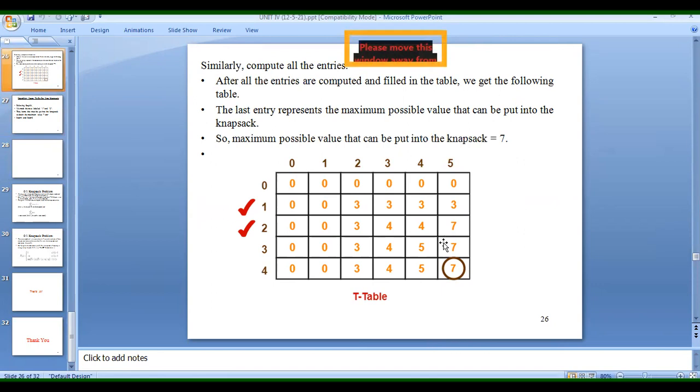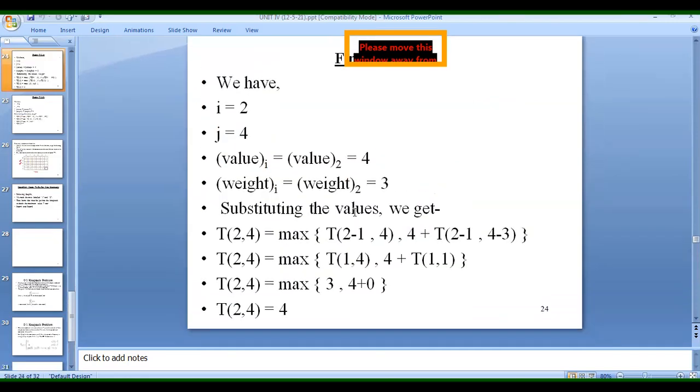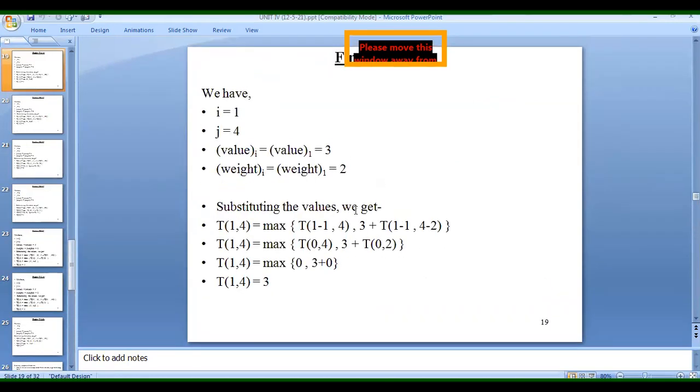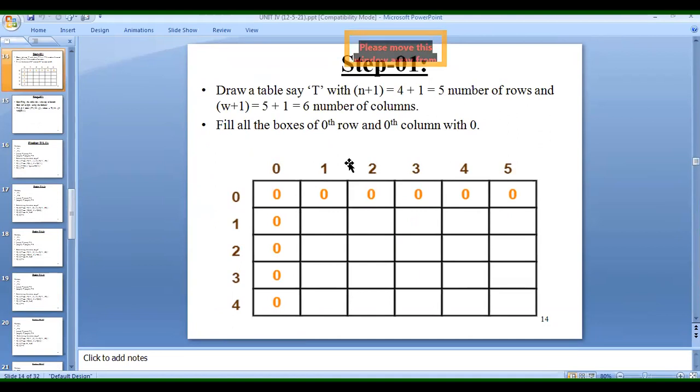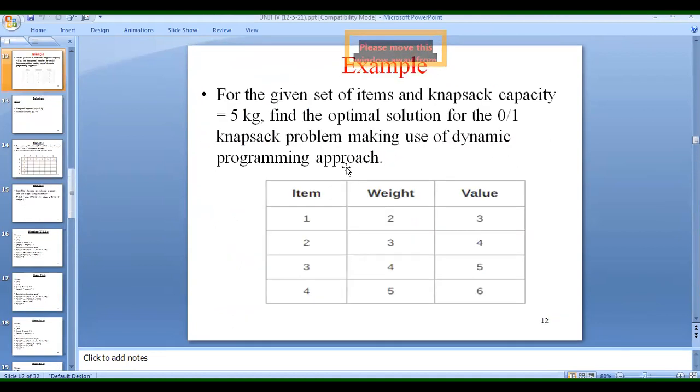Since item 1 and item 2, check the weights. So this is item 1, weight is 2, and item 2, the weight is 3.